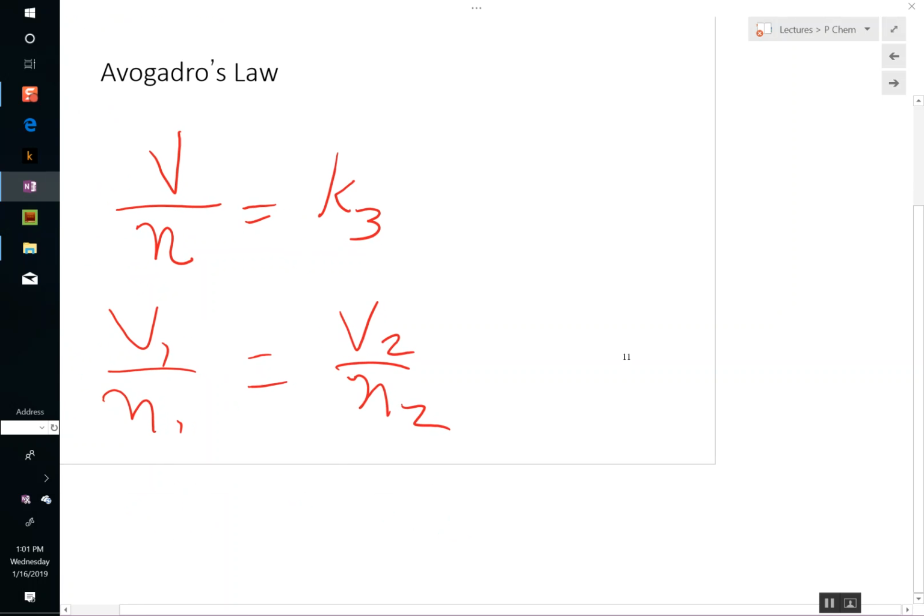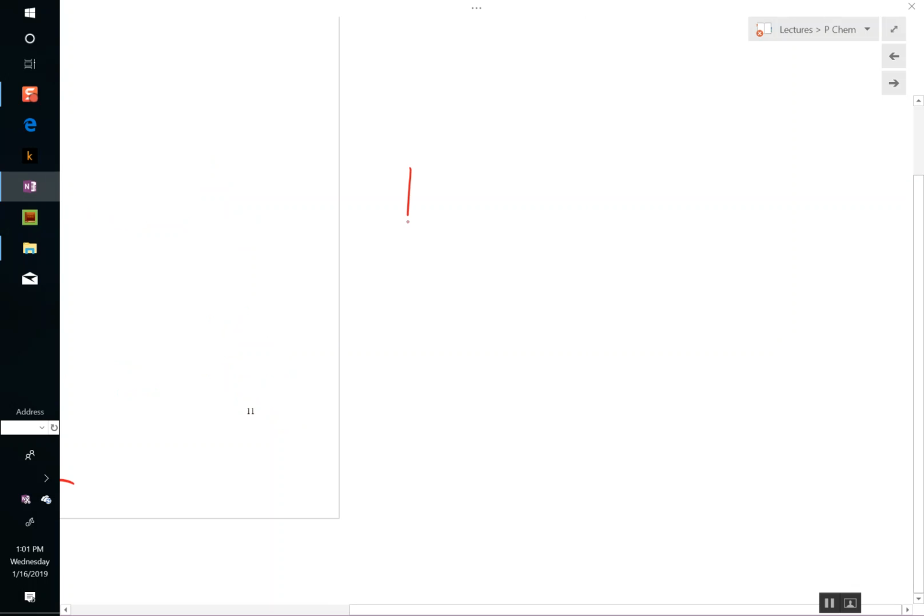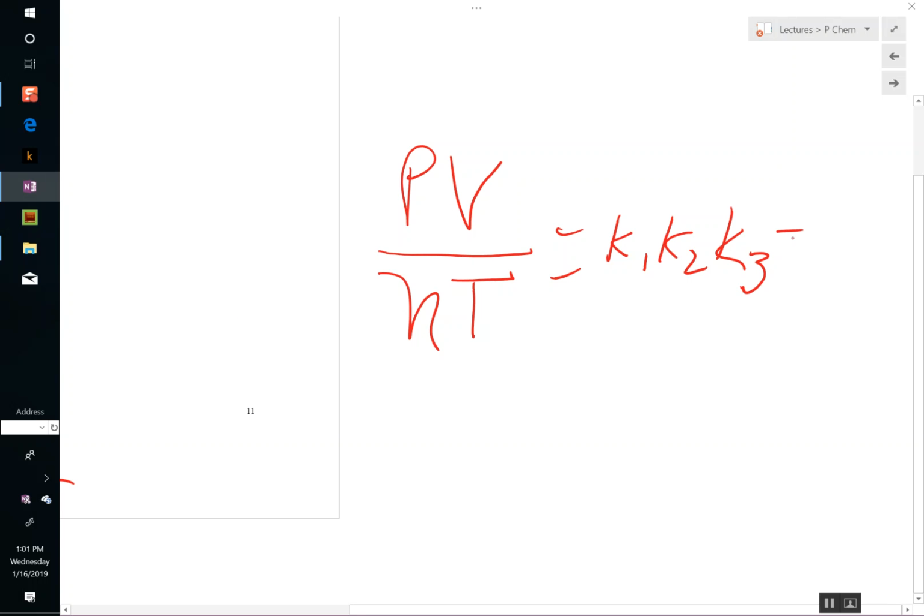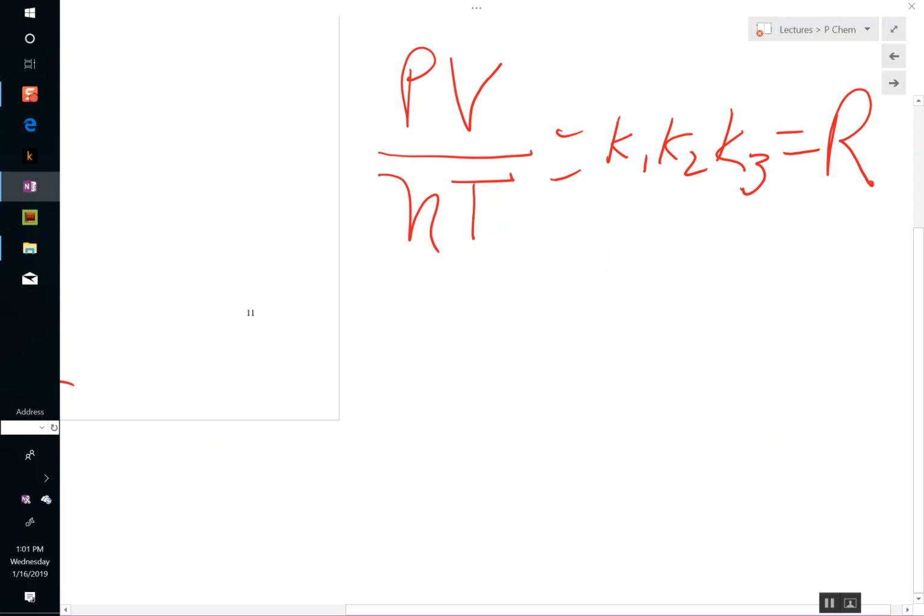If you put those three laws together, you get pressure times volume equals a constant, volume divided by temperature is a constant, and volume divided by the number of moles is a constant. And we come to the ideal gas law constant. Just keep in mind that you may know the ideal gas law as PV equals nRT, which is a good way to remember it.